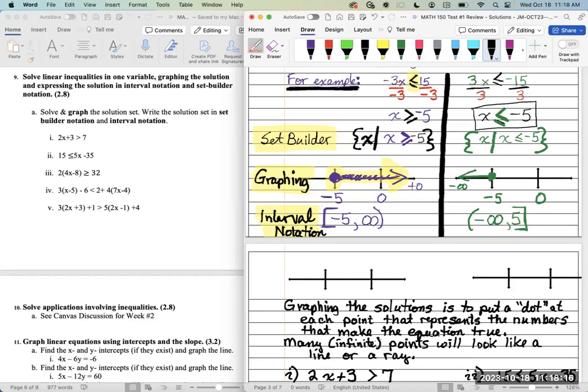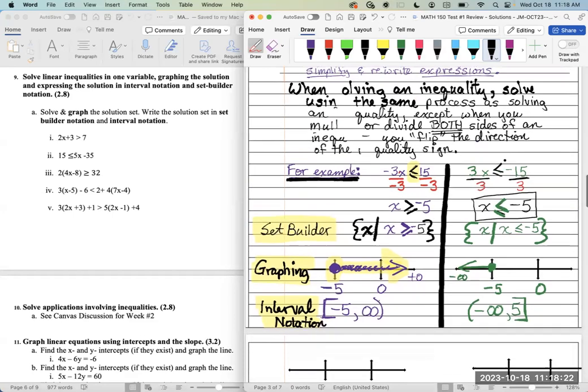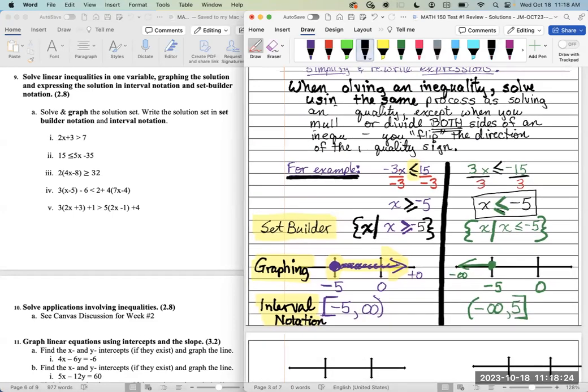All right, so again, when solving an inequality, it's the same as solving an equality, except for when you multiply or divide both sides of an equation by a negative.